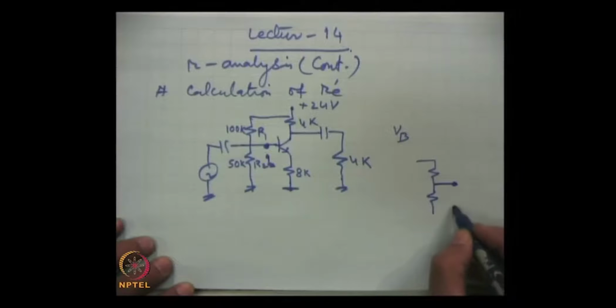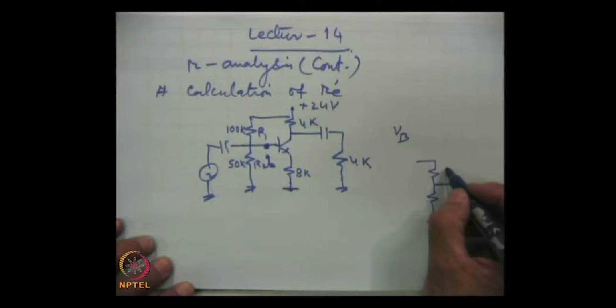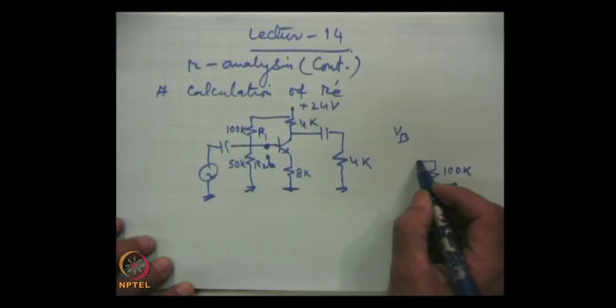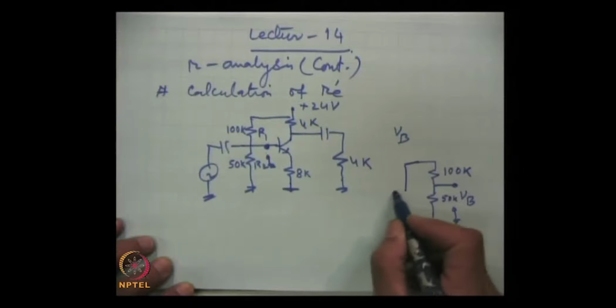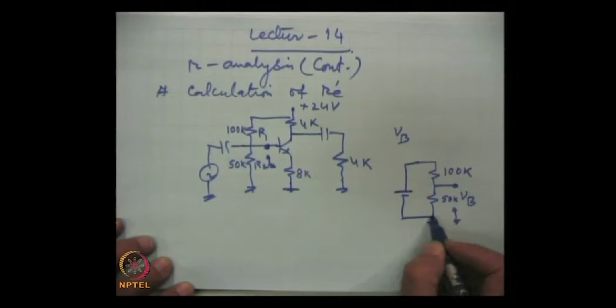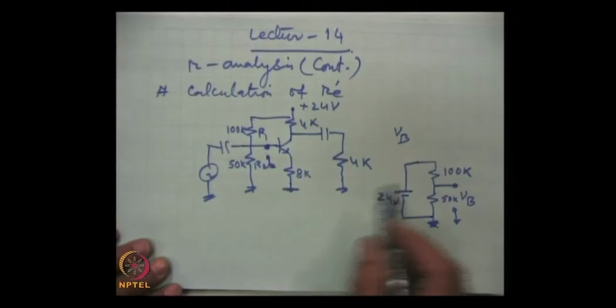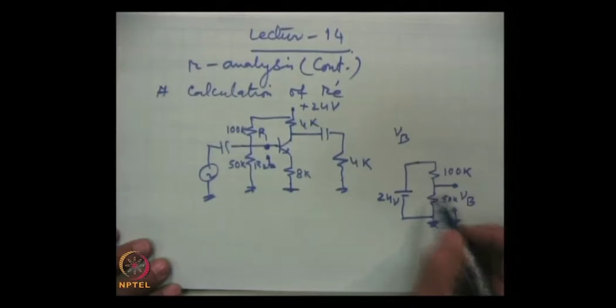This is the point where we are seeking this voltage. This is 100 kilo ohms, this is 50 kilo ohms, and this battery is 24 volts. Then what will be the current through it? The current through it will be this voltage divided by 100 plus 50.